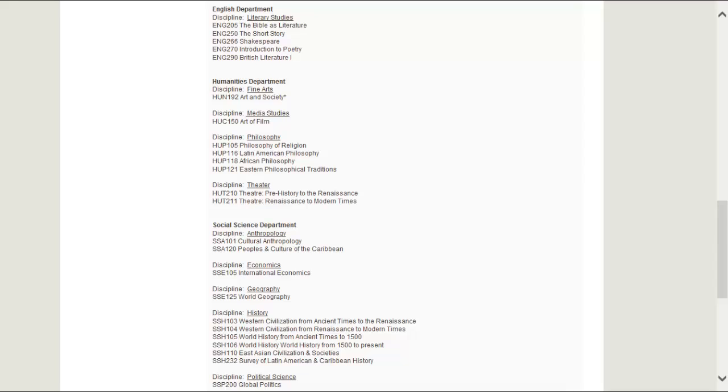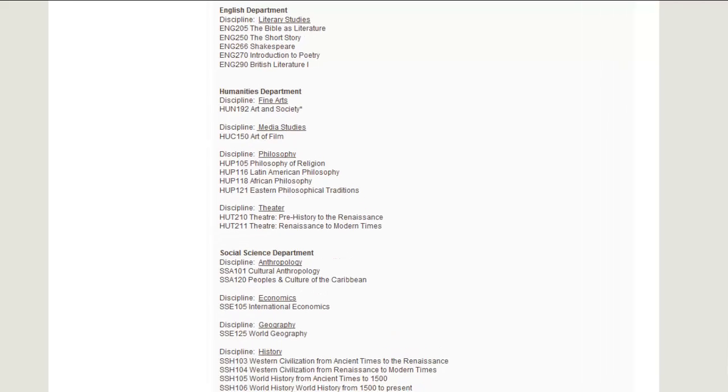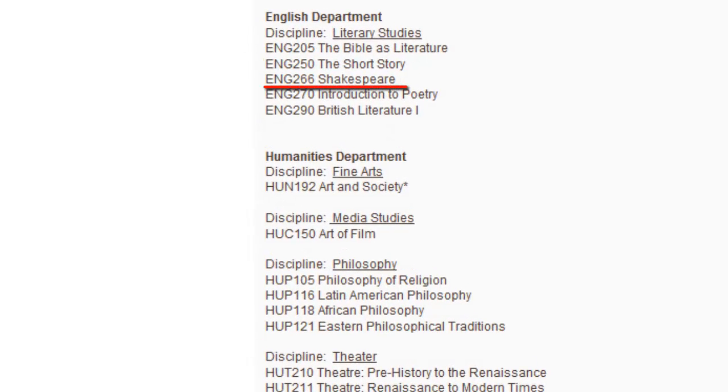You should select one course from the World Cultures and Global Issues category. Keep in mind that you cannot select more than 2 courses in any one discipline. So, for example, let's select English 266 in Literary Studies, Shakespeare.